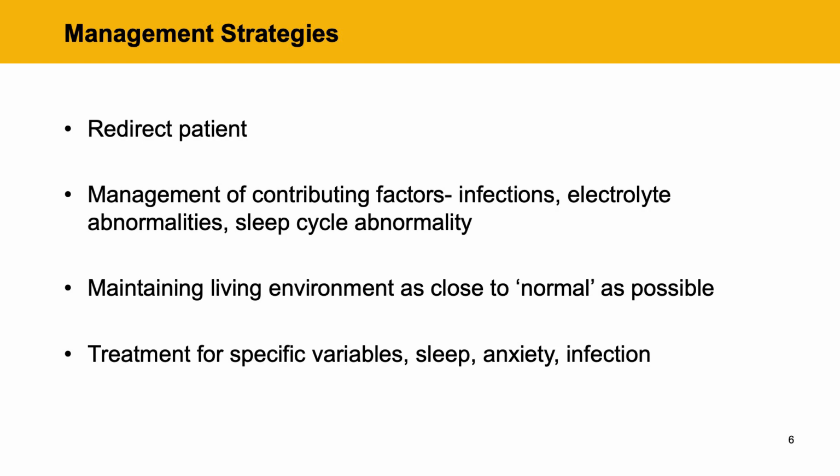Now, that's not always possible, especially in those later stages in which somebody is now having some major neurocognitive decline. Then a lot of patients do end up having to go into placement for their own safety as well, of course. But as close to normal as possible.